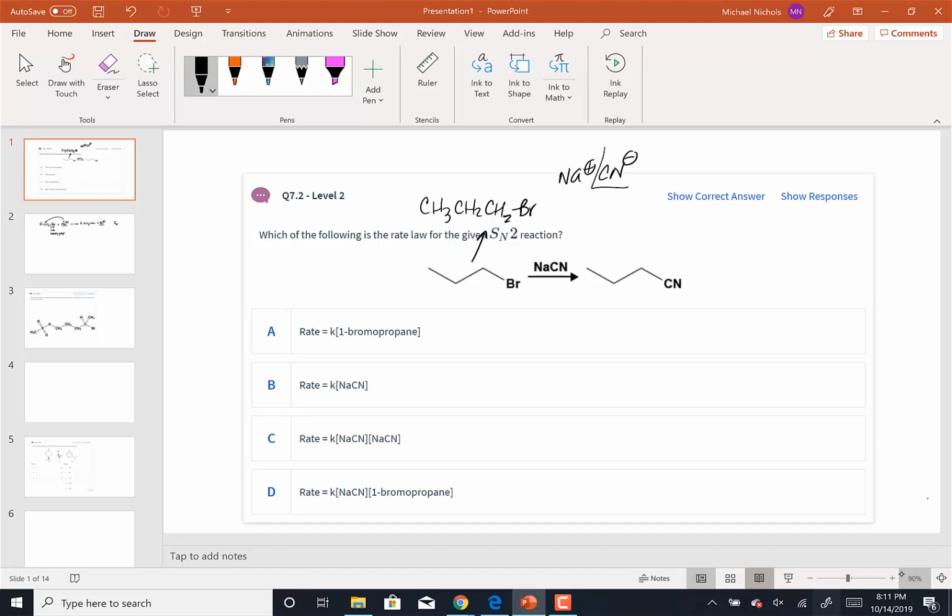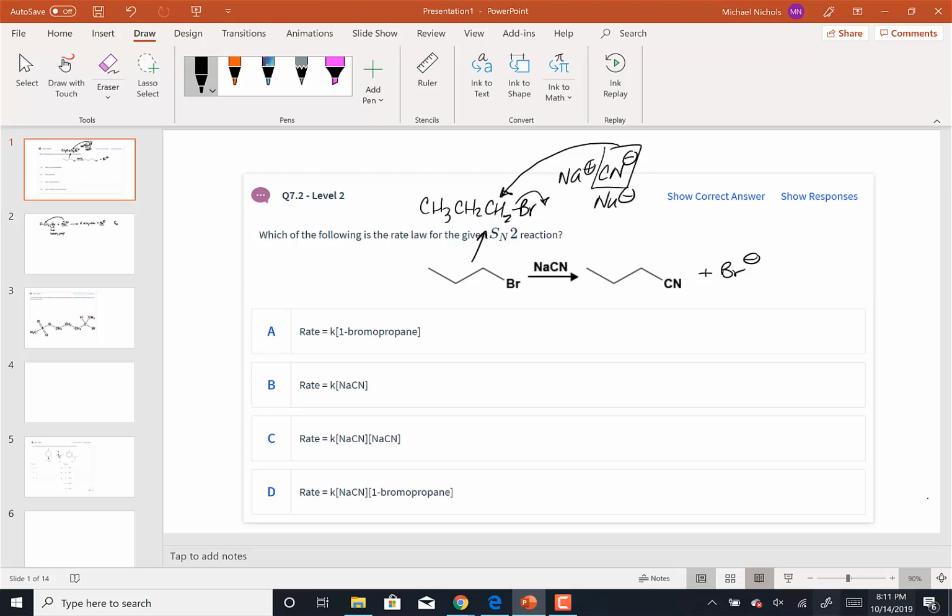It's the CN minus that's going to be my nucleophile in this reaction. And so what's happening is the CN minus is coming in, donating its pair of electrons, and kicking off the bromine. It's taking its pair of electrons. They also forgot over here to put a Br minus.